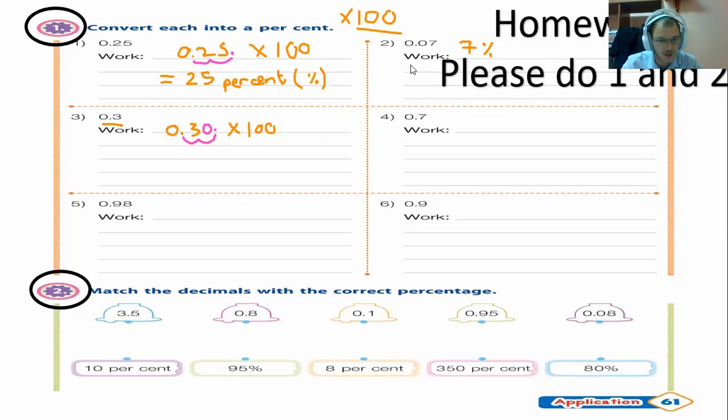Remember to add the 0 if we skip one extra. If there was a 1 or a 2 or a 3 already here, we don't have to do anything. So then our answer will be 30%.